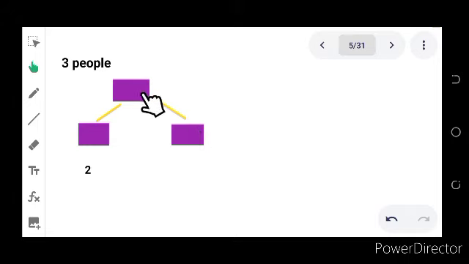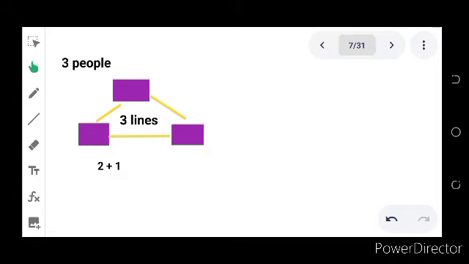Since the first person already has a direct line to him, we don't need another direct phone line from the third person to the first person. So what is left is a direct line from the second person to the third person. So we will have another line. That means there will be one additional line. So all in all, there are three phone lines if a business has three persons.